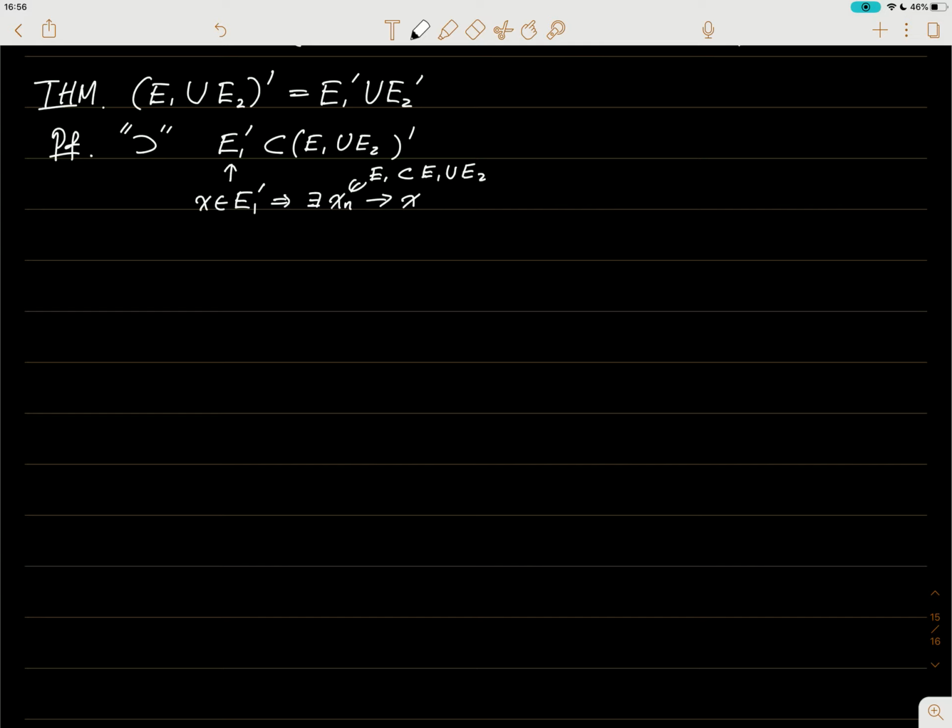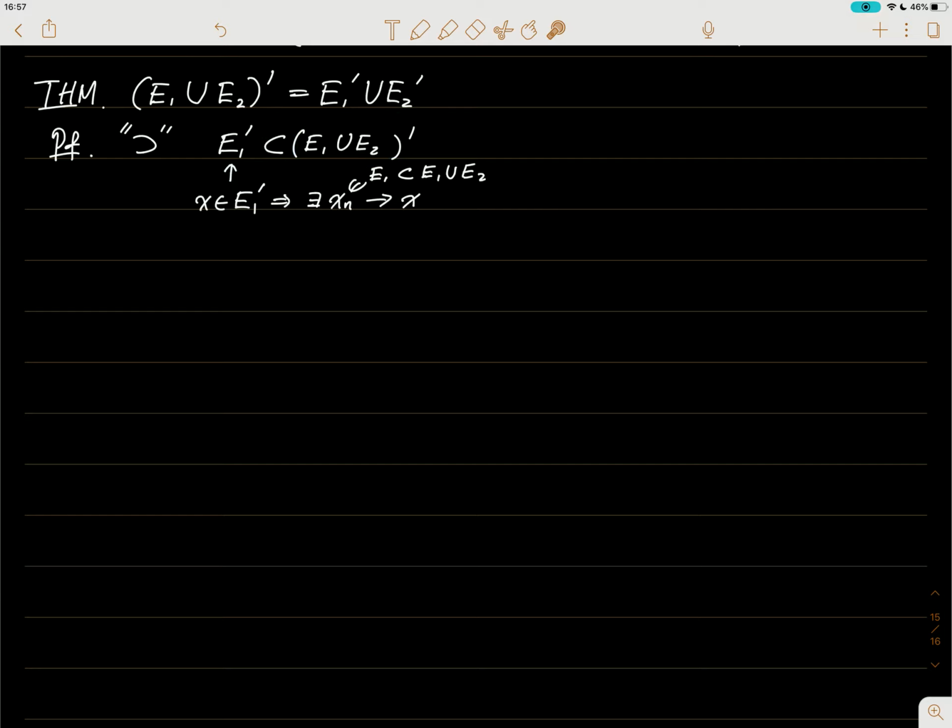Okay, so by this we can show that if x belongs to this, then x must belong to this as well. And this shows the containing relation between the two.